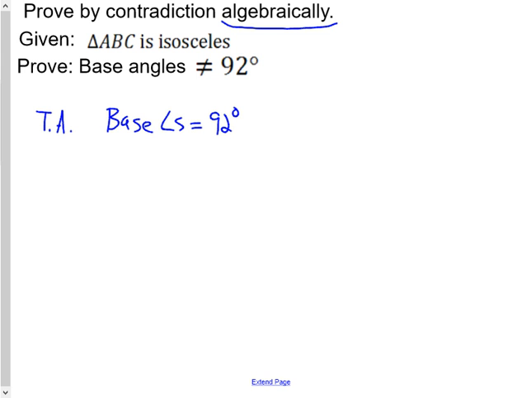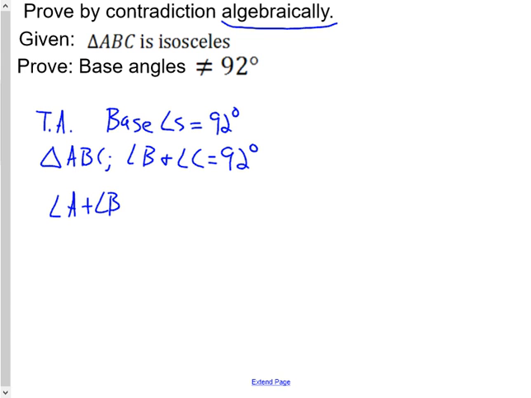So again, making up a triangle, they say ABC. We're going to say, let's say angle B and C, right? You get to pick. Two of the angles are going to be base angles. So let's say both of those are 92 degrees. What's going to break? Reminder, triangles add to 180. So by substituting in here, we've got A plus 92 plus 92 is 180.